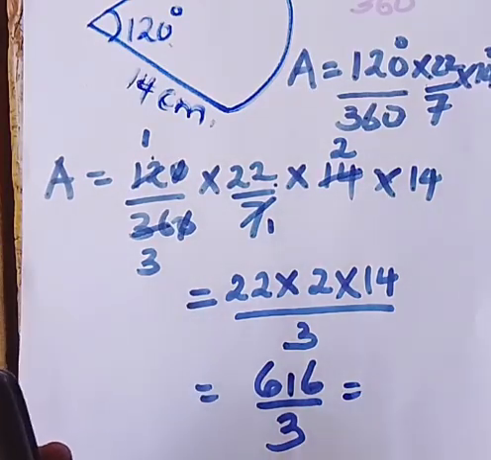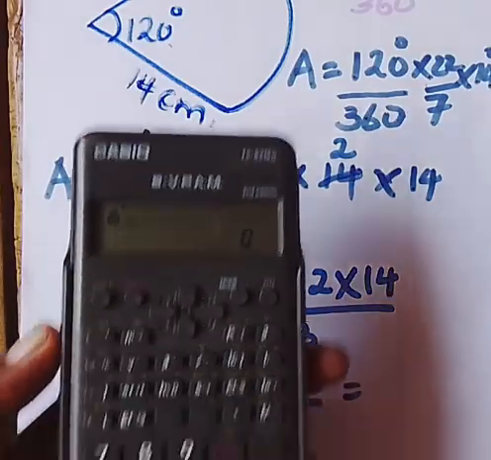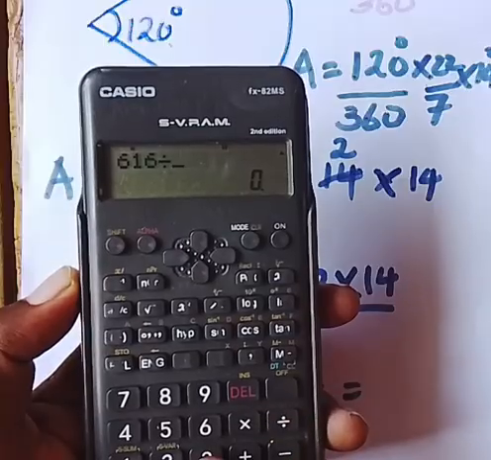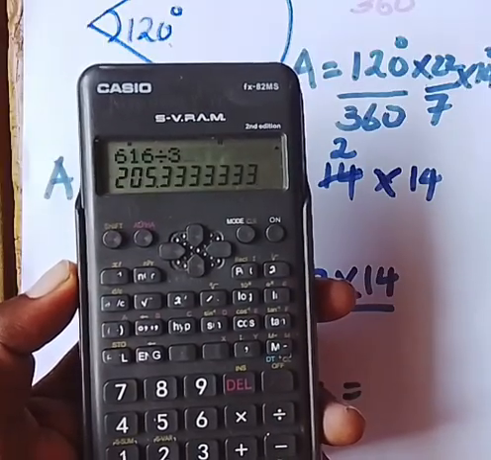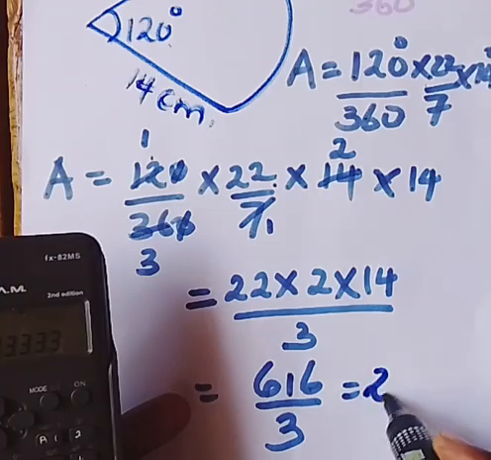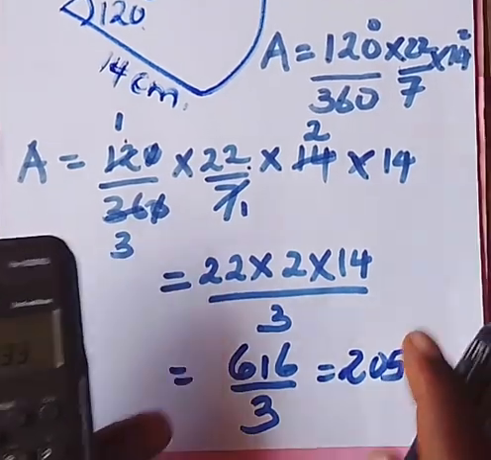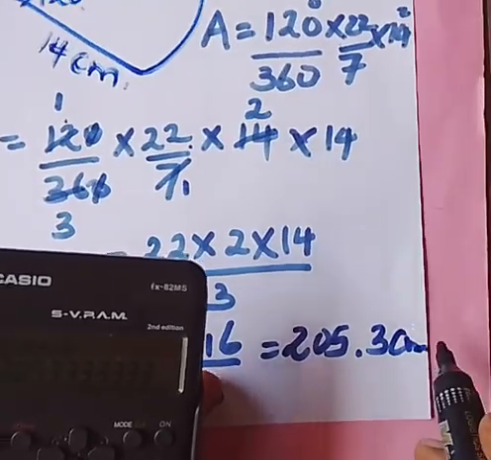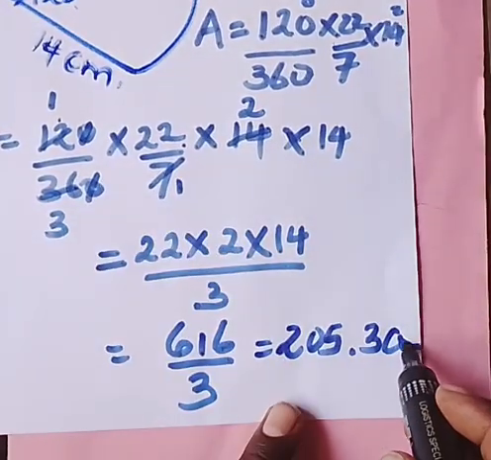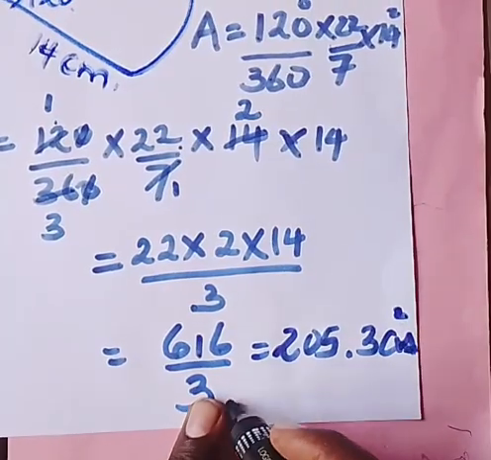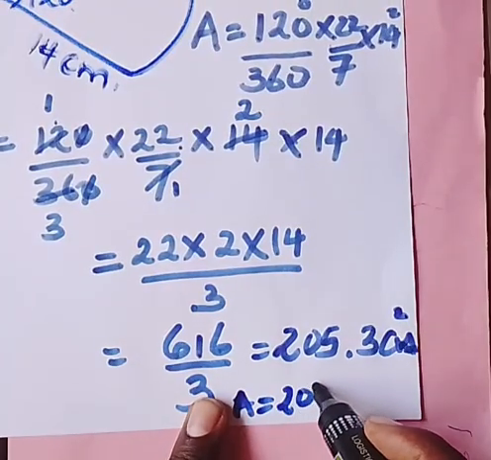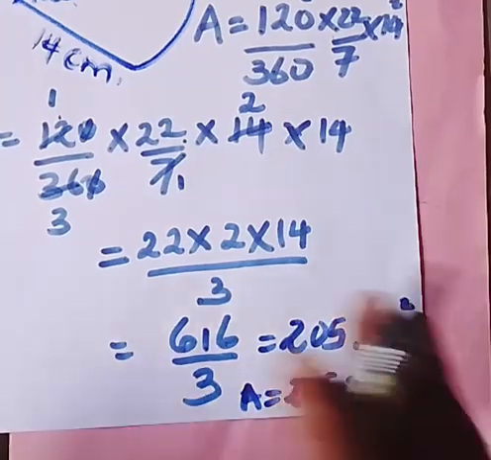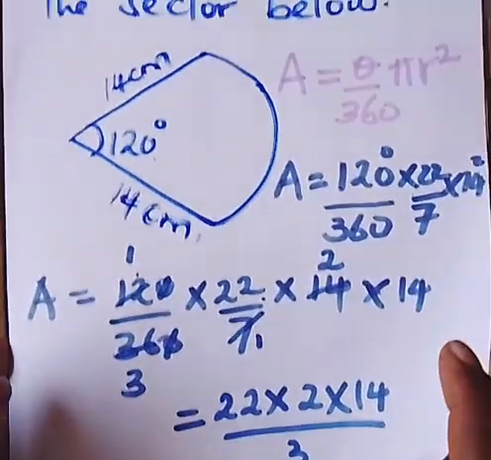Key in 616 divided by 3, and now you get the answer as 205.33 centimeter squared. So our answer is 205.33 centimeter squared.